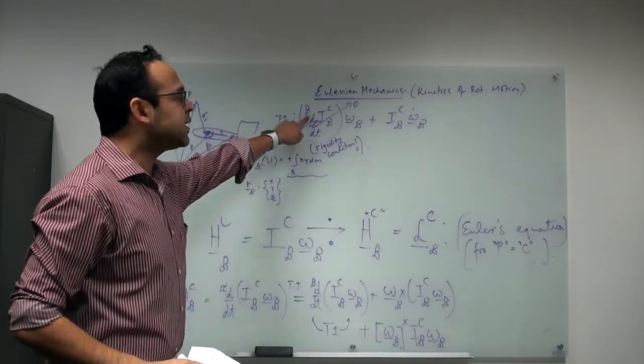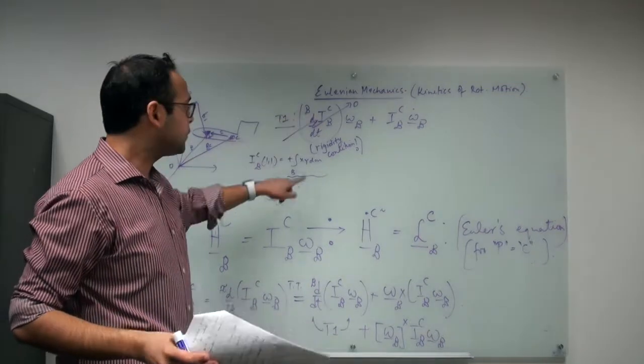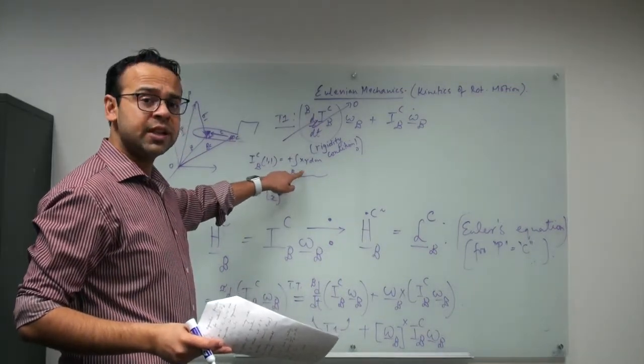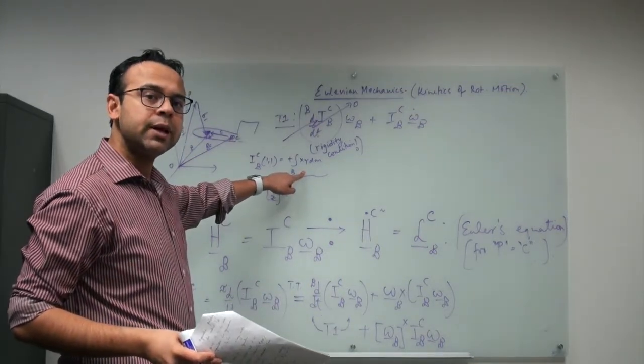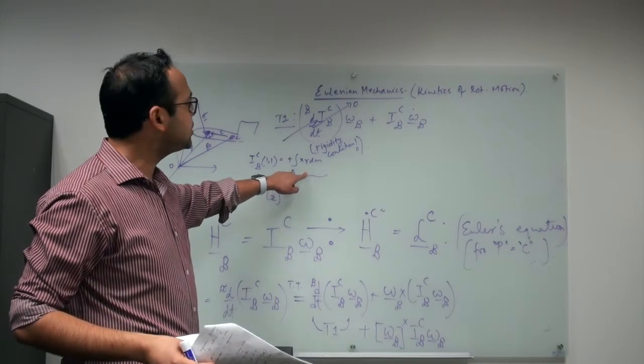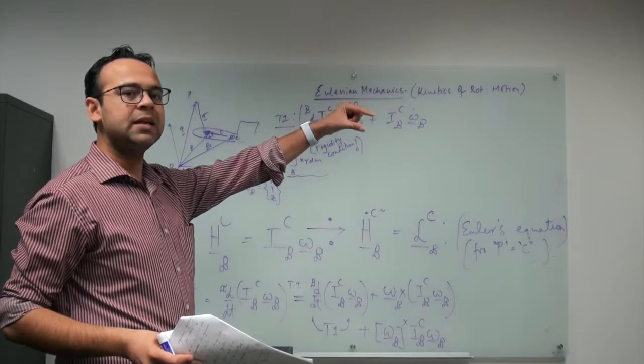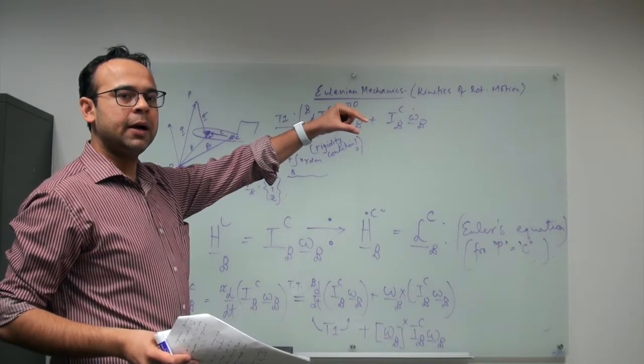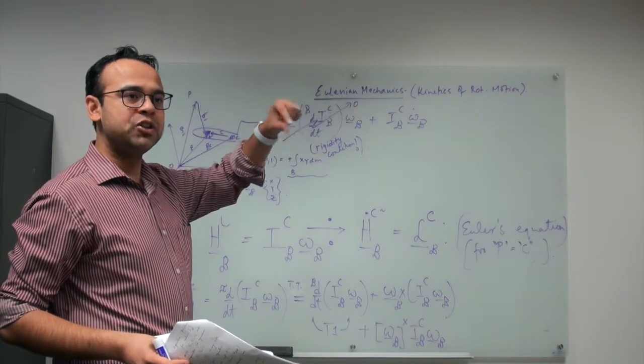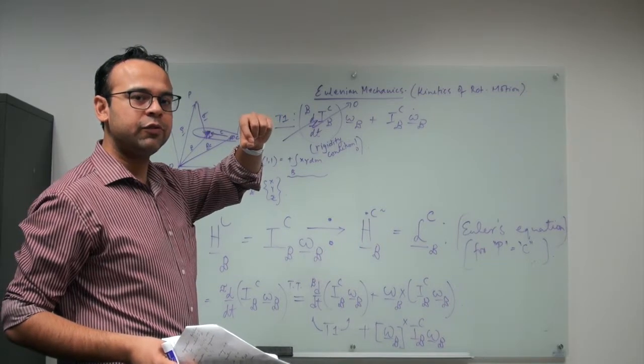This is the body rate, right? I'm not saying the inertial rate of this term will be 0. We are saying that the body rate will be 0, because the object is rigid, x should not be changing for an elemental mass as measured from the body frame over time.